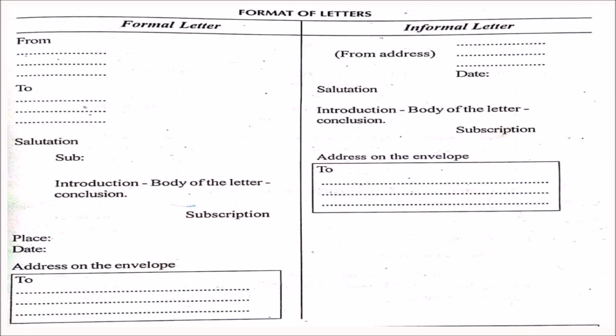Formal letter, we have from address, to address, salutation, subject, introduction, body of the letter, conclusion, subscription, place, date, address on the envelope. In that we have to write to address.